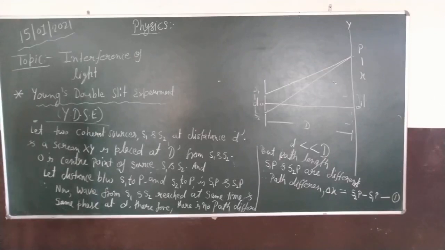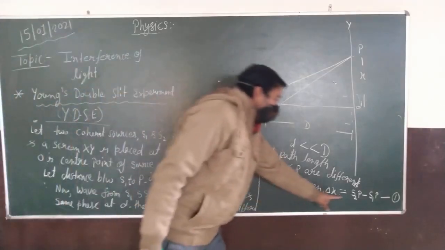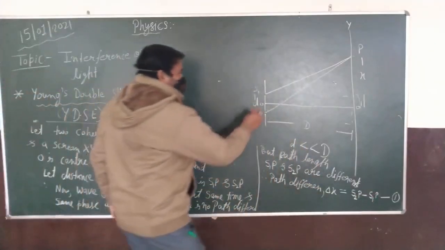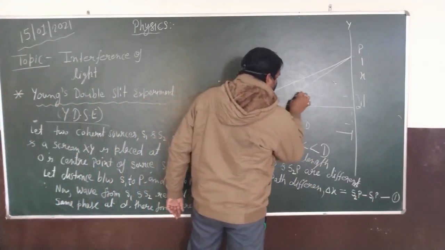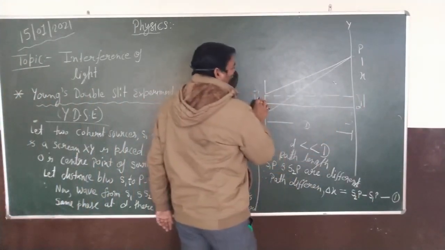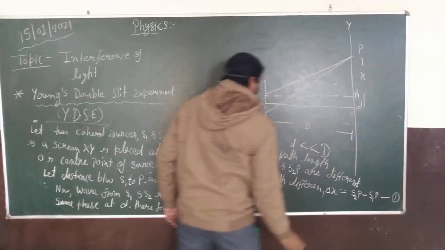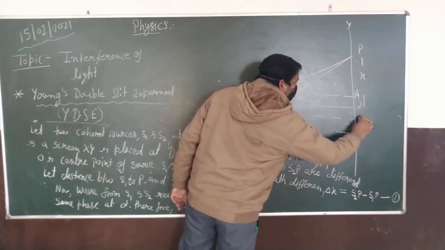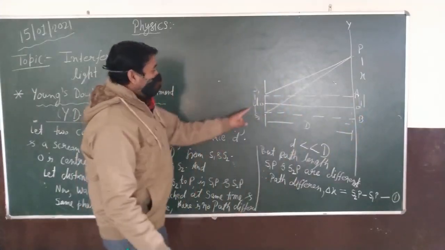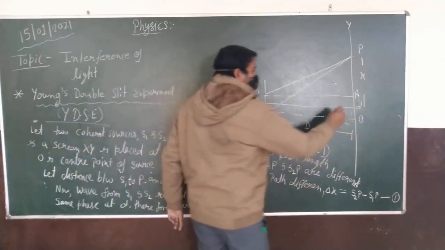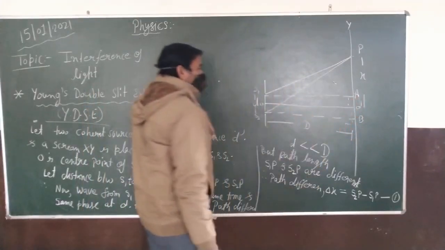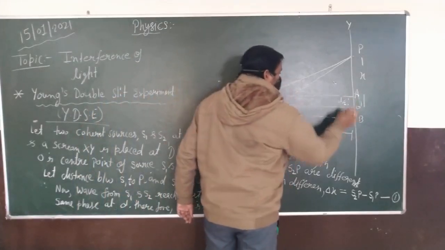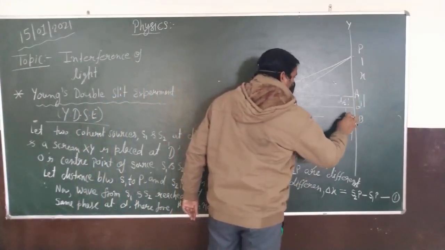Now we need to calculate the path difference between S2P and S1P. So, by completing the two triangles from S1 to A and from S2 to B, because O is the central point, this distance is equal to this, so it is d by 2 and this is also d by 2.